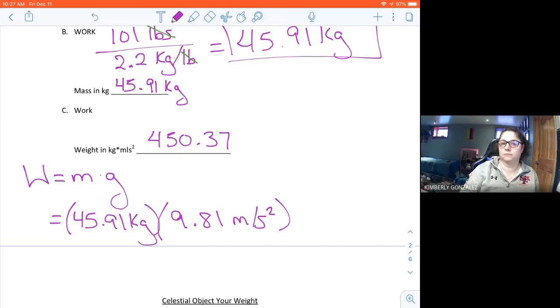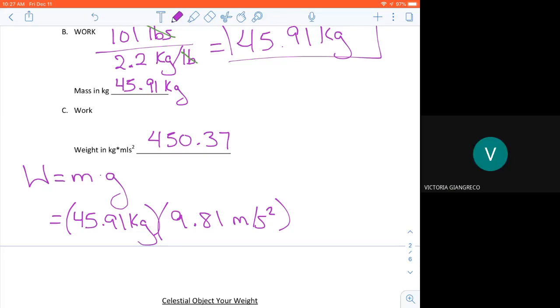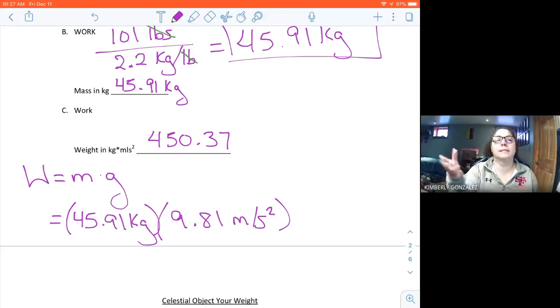Does this actually go in our lab, or is it just an example? No, this is my numbers. You're following along and using your numbers. So let's say you were 107 pounds. You would calculate your mass in kilograms here and then calculate your weight in kilograms times meters per second squared. Okay?